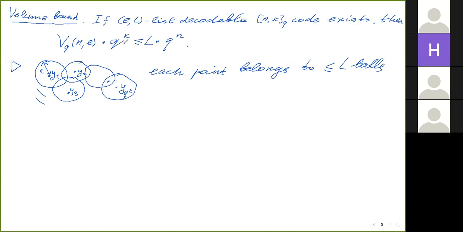If we sum up the cardinalities of all such balls, which are actually the same, we obtain the left-hand side, and we count every point of the space at most L times. So the sum of all cardinalities is at most L times the total number of points, Q to the N. And so the volume bound is proved.